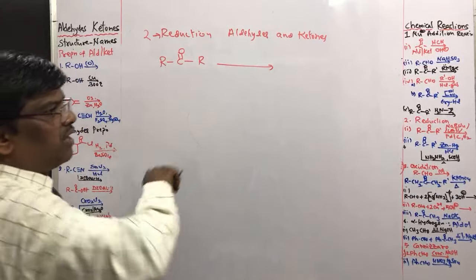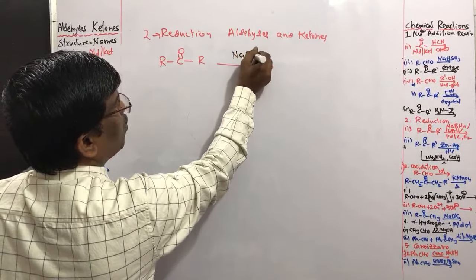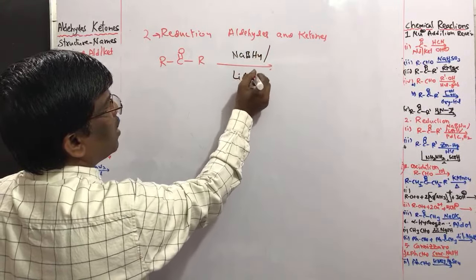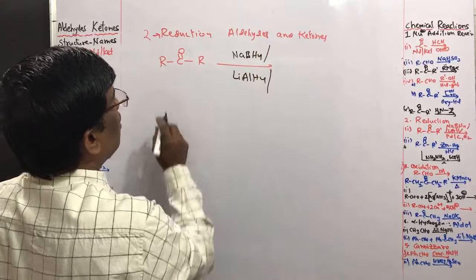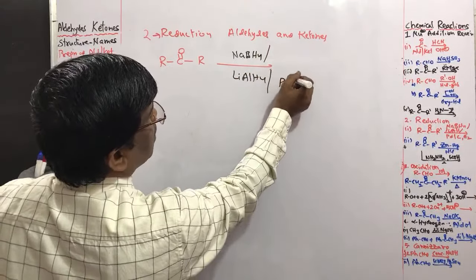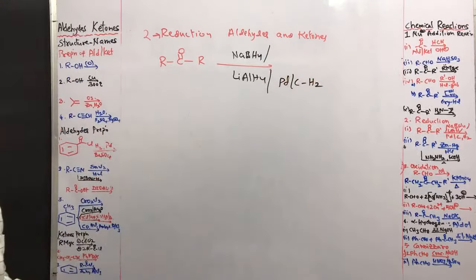The reagents we usually come across are sodium borohydride, lithium aluminum hydride, or palladium on carbon hydrogenation.